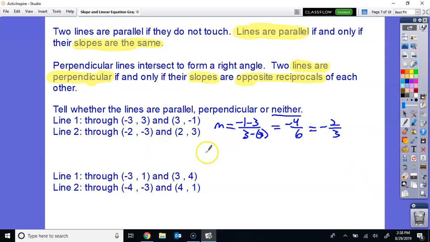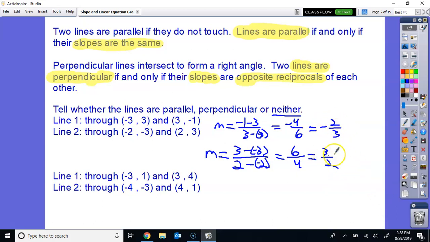The second line here, I'm going to do 3 minus negative 3 over 2 minus negative 2. That is y2 minus y1 over x2 minus x1, and that gives me 6 over 4. 6 over 4 reduces to 3/2.